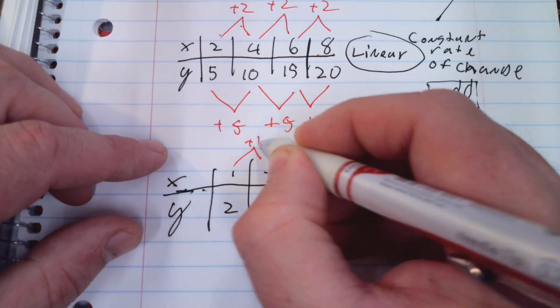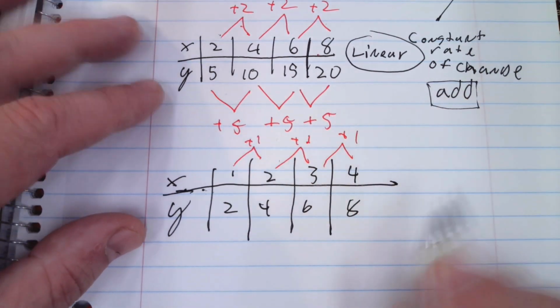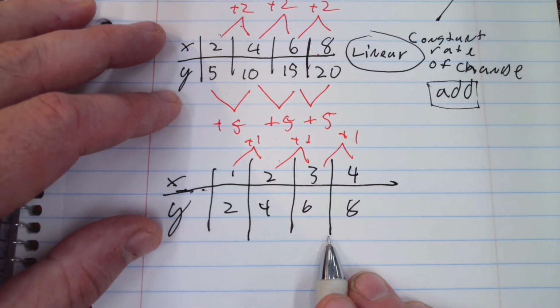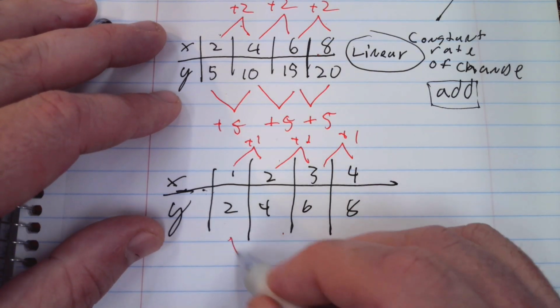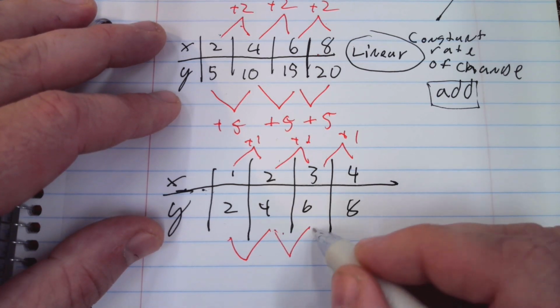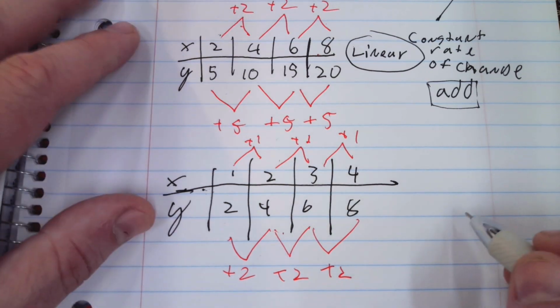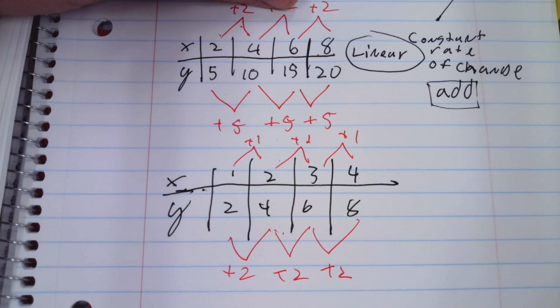Plus 1, plus 1, plus 1. So far, so good. What's the bottom? Plus 2. What's next? Okay. This one works too. So this one's also linear.